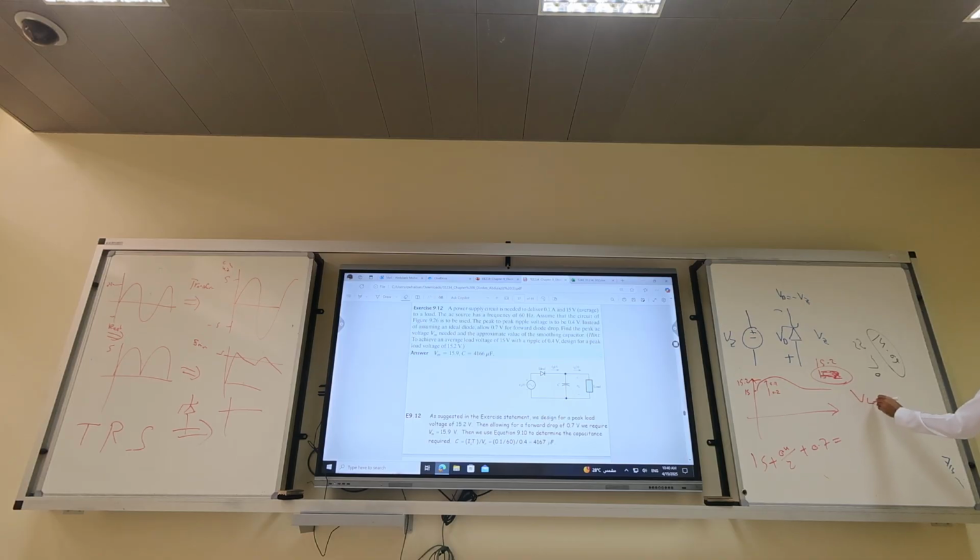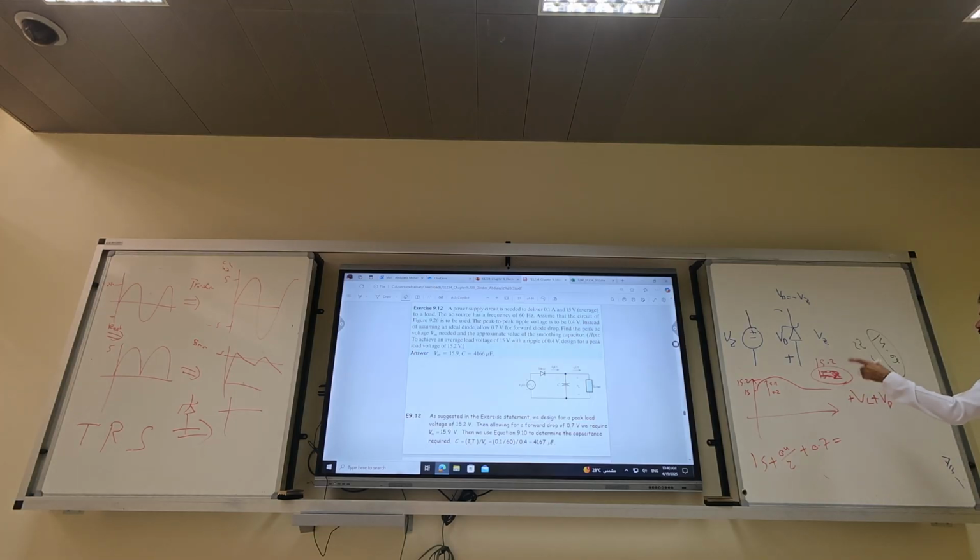VL, voltage rise, plus V diode, minus Vs, equals 0. This is your VL. Okay, you design with VL. So Vs is already incorporated in 15.